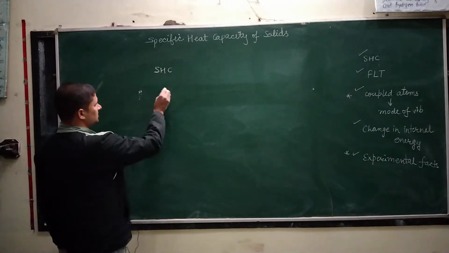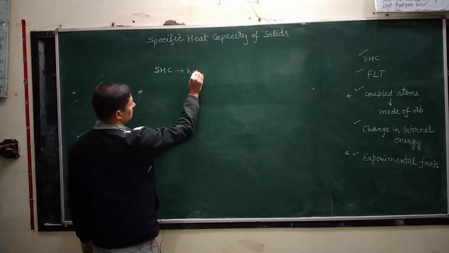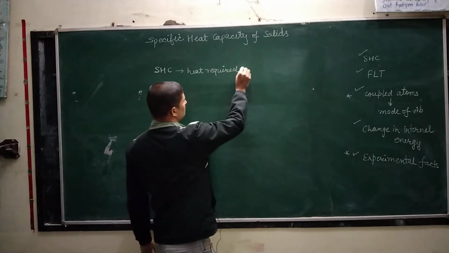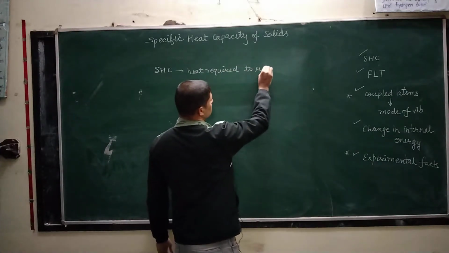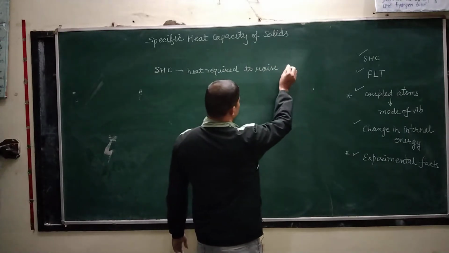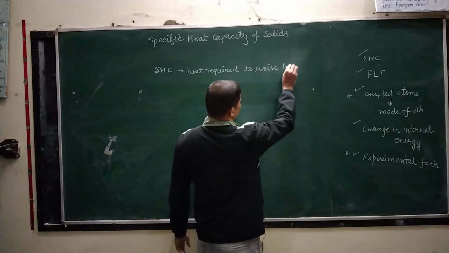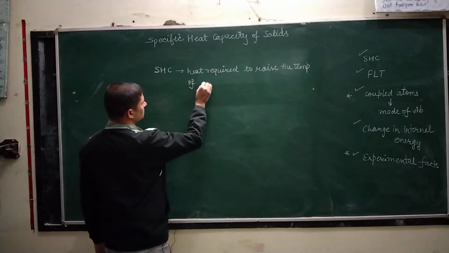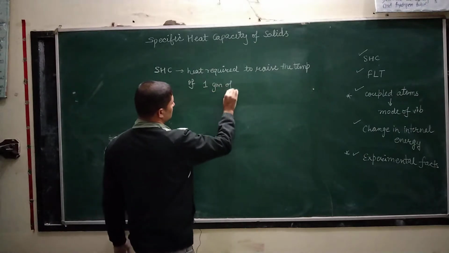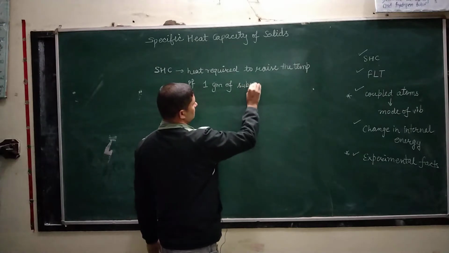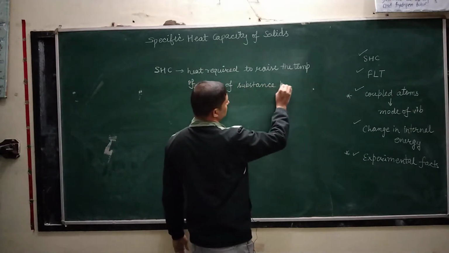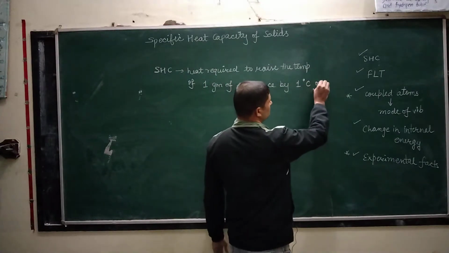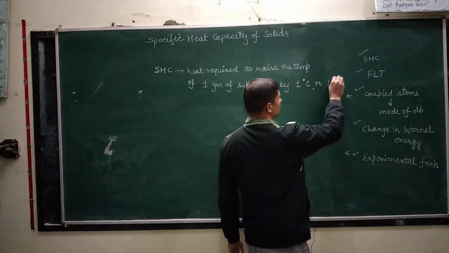So class, this is the amount of heat required to raise the temperature of 1 gram of substance by 1 degree Celsius or 1 Kelvin, I will say.